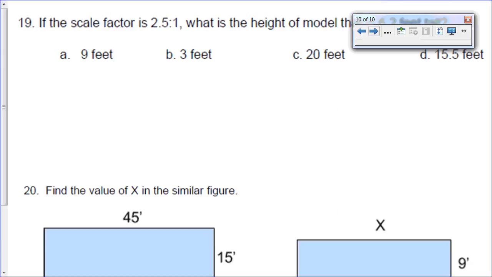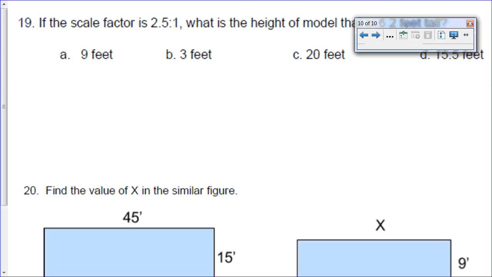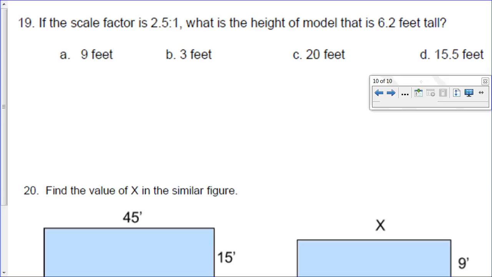Okay, if the scale factor is 2.5 to 1, what is the height of a model that is 6.2 feet tall? So the scale factor, 2.5 to 1, what is the height of a model that is 6.2 feet tall?